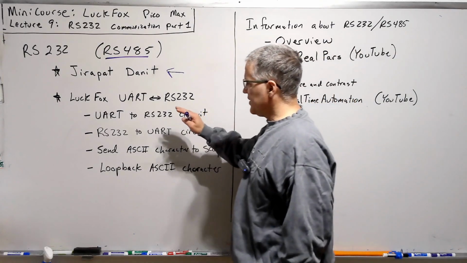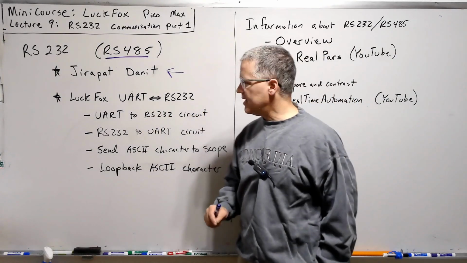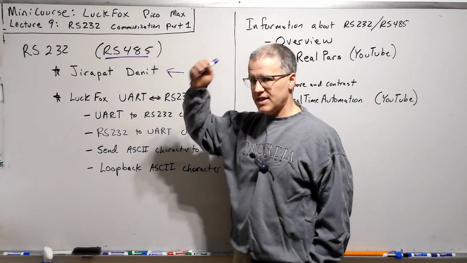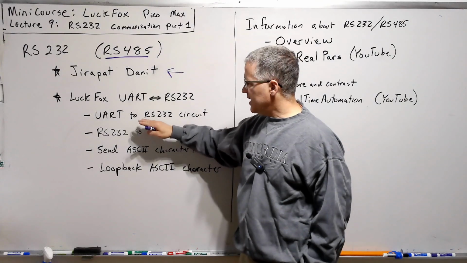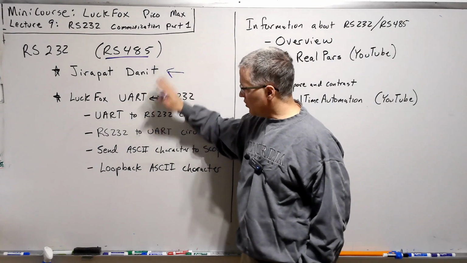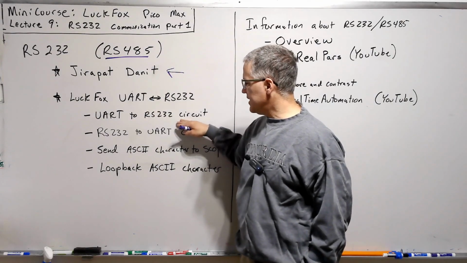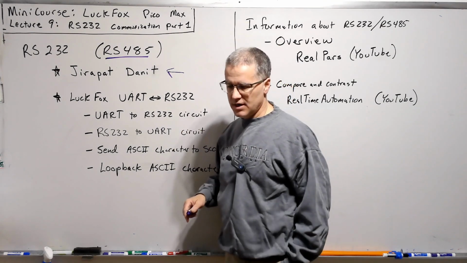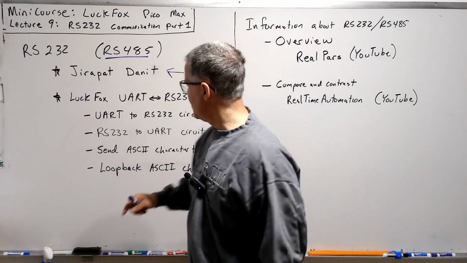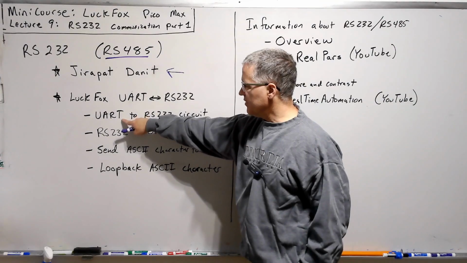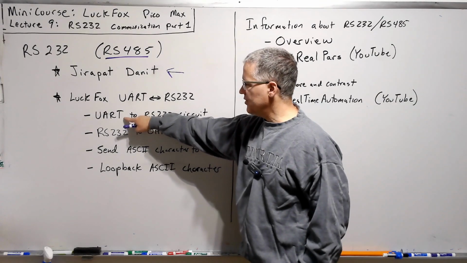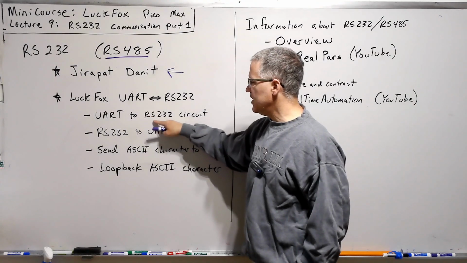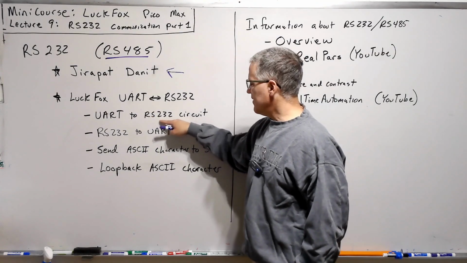I'm going to focus this on just the LuckFox interaction, and so we'll go to the whiteboard. We'll look at a circuit that I built out of transistors to make this conversion from the 0 to 3.3 volt communication to the -9 volt to 9 volt communication.